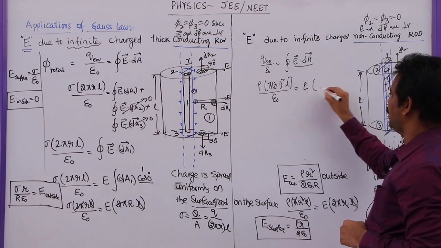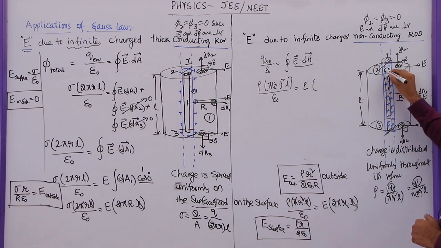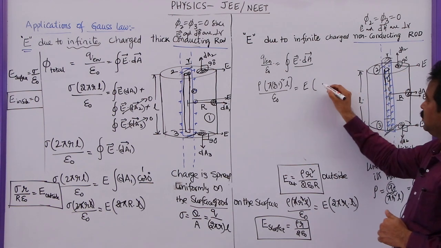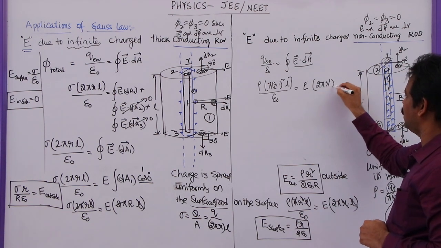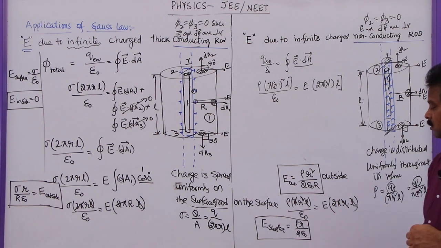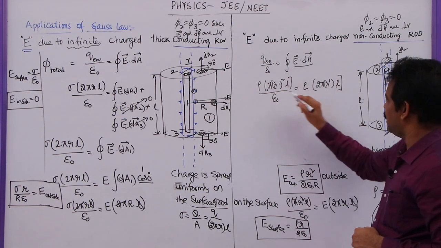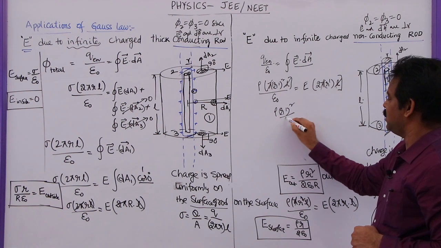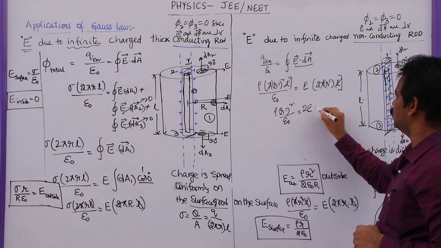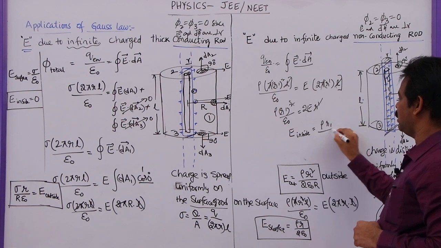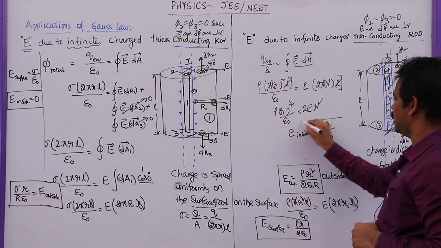Integral of dA means area of this closed Gaussian surface within the rod, which is 2 pi r dash into L. Now you can cancel pi and pi, you can cancel L and L. So this is rho r dash square by epsilon naught is equal to E into r dash. One more r dash will cancel. So the electric field inside the rod is given by rho r dash by 2 epsilon naught.